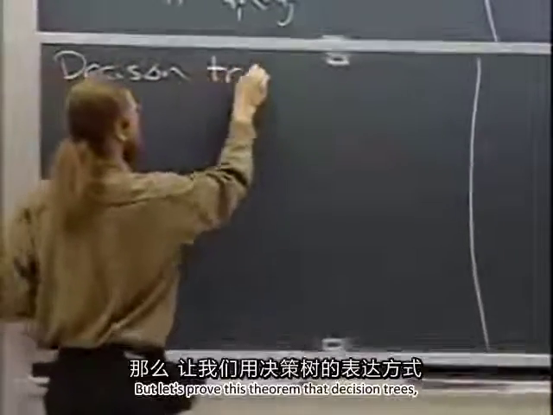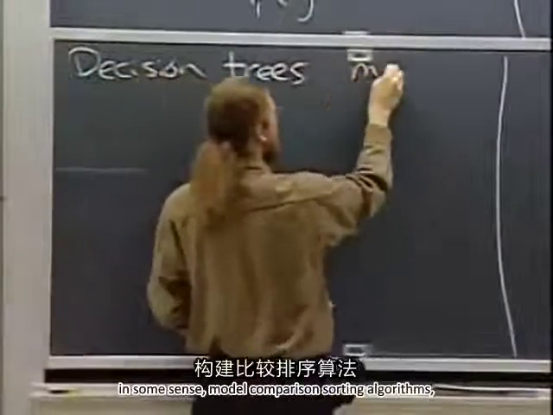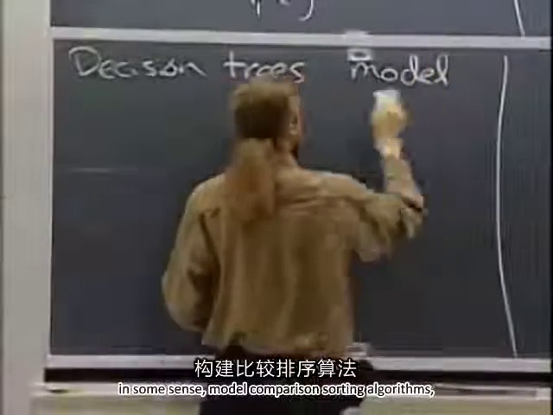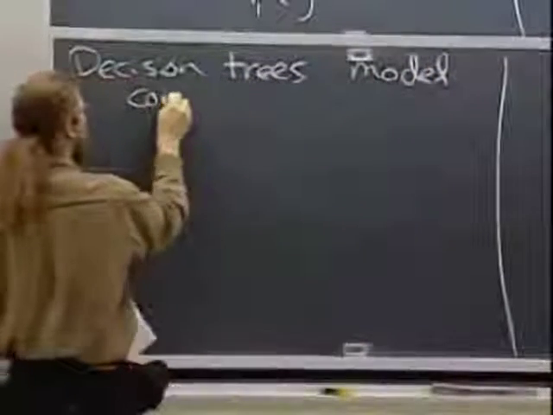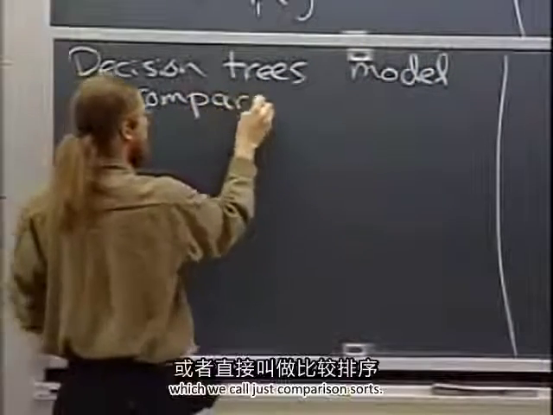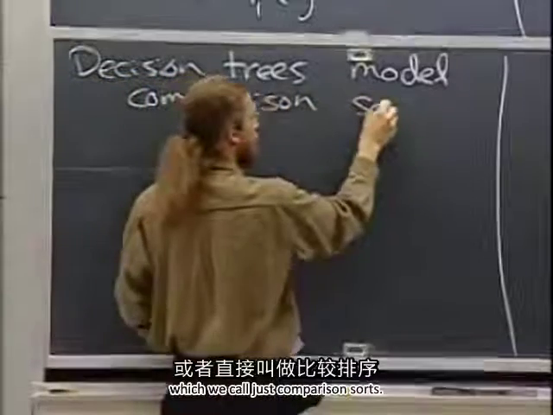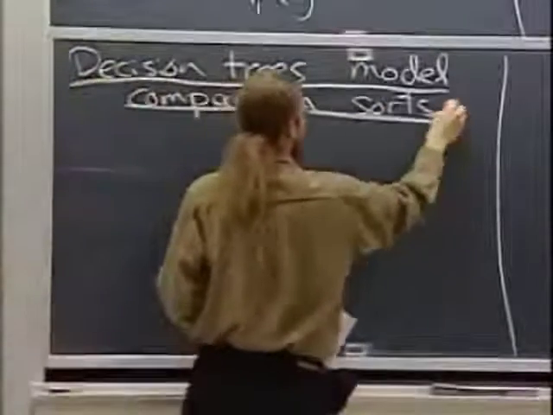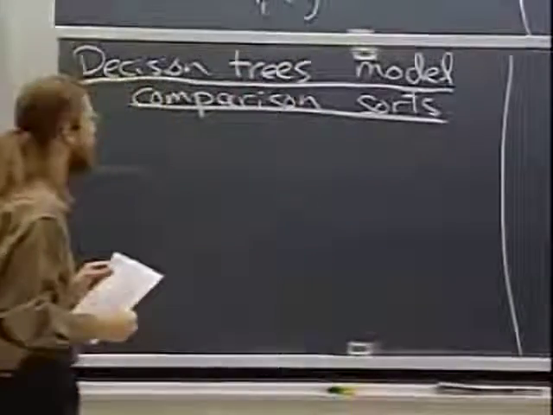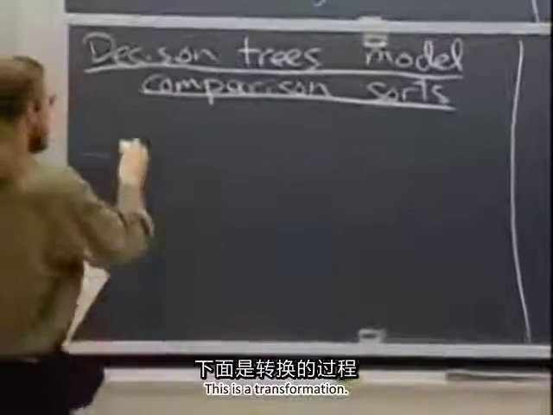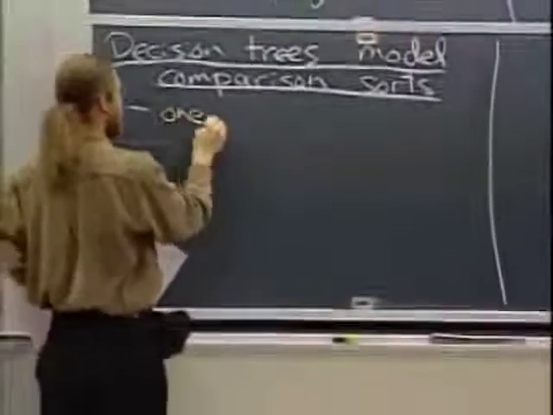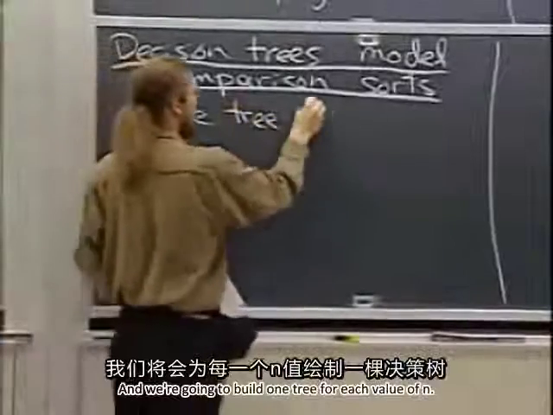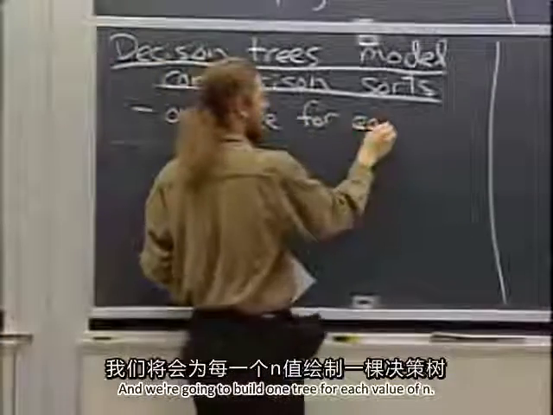Okay, but let's prove this theorem that decision trees, in some sense, model comparison sorting algorithms, which we call just comparison sorts. So this is a transformation, and we're going to build one tree for each value of n.